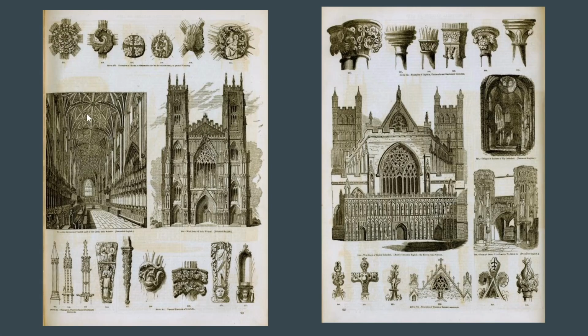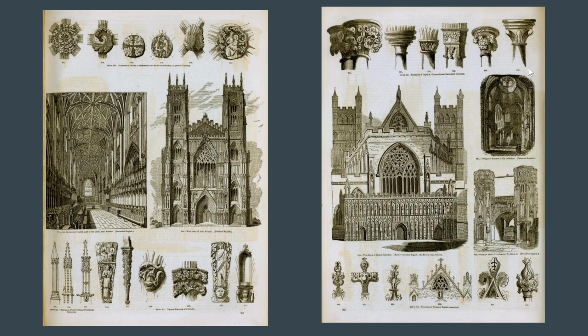So here are some examples of Gothic architecture, and you can see these points. They're very decorated, with lots of points that are very jagged and decorated. And columns as well.